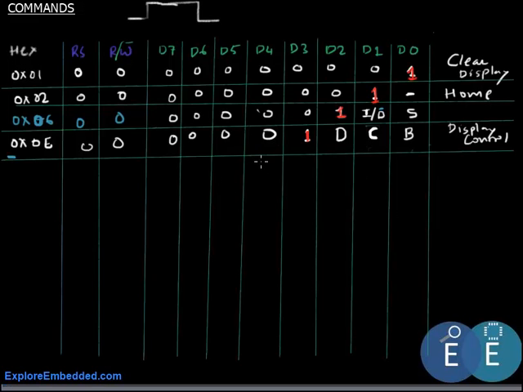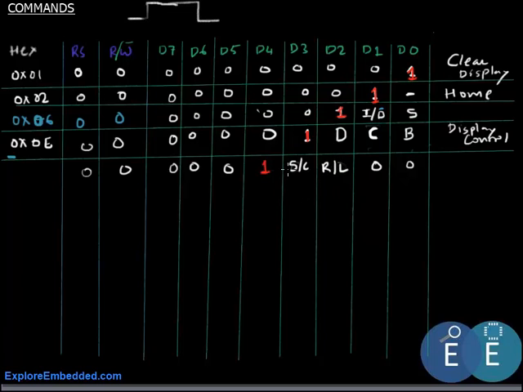Right, for the next command, the 1 moves here and all the remaining bits are 0. So register select and read write remains 0. And as these two are don't care, the next bit is called S/C, and this is R/L.